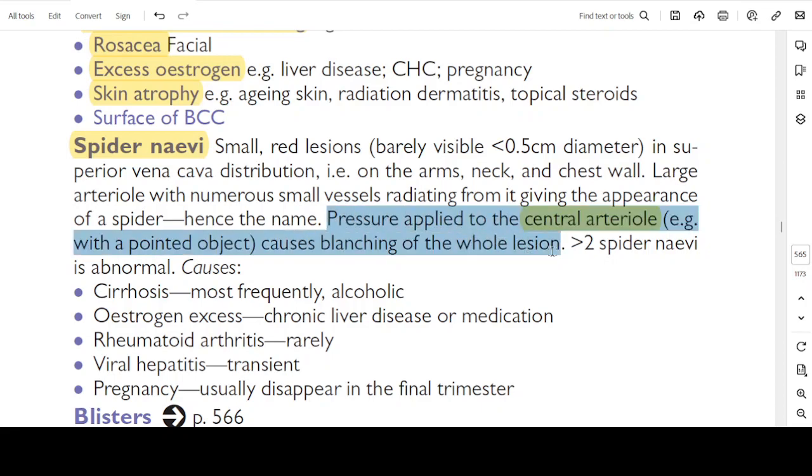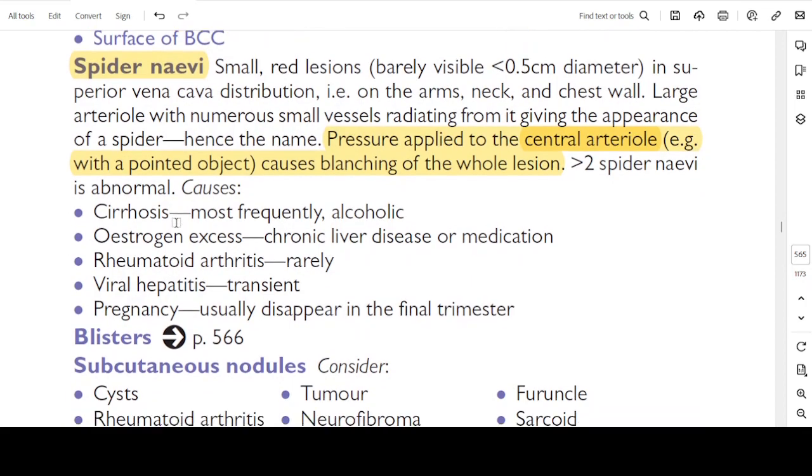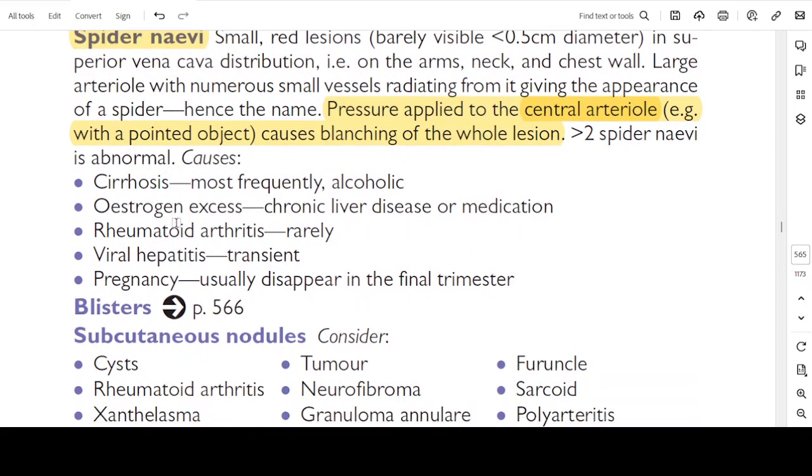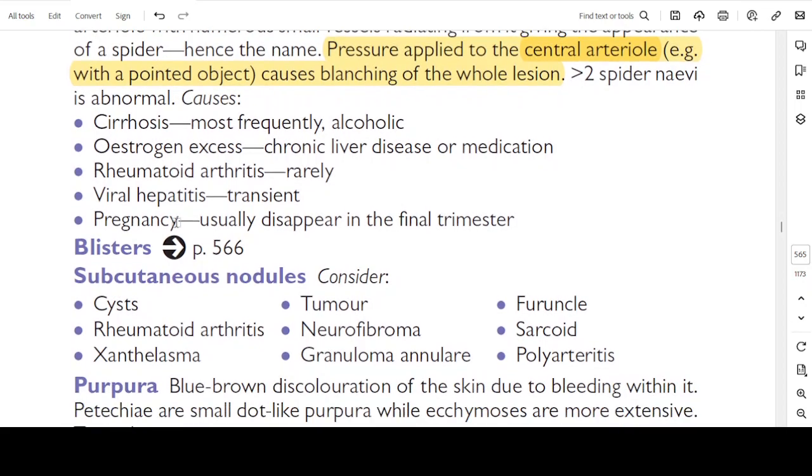So this one is different from something else, I will tell you that. More than 2 spider nevi is abnormal. Causes are cirrhosis, most frequently alcoholic, estrogen excess, chronic liver disease or medication, rheumatoid arthritis, rarely viral hepatitis. Transient in pregnancy, usually disappearing in the first trimester.